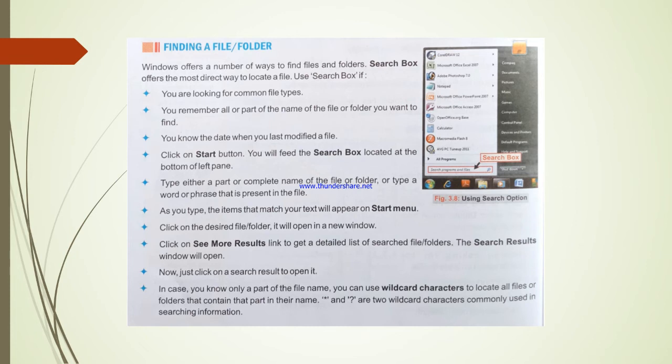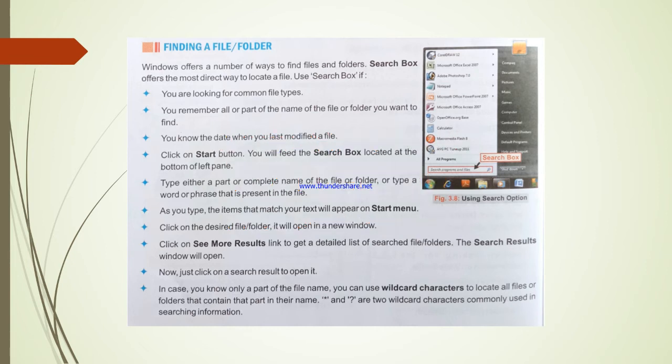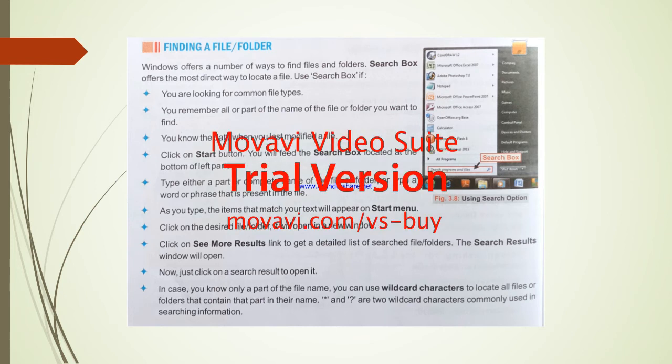Click on the desired file or folder. It will open in a new window. Click on the See More Results link to get a detailed list of searched files or folders. The search result window will open. Now just click on a search result to open it.